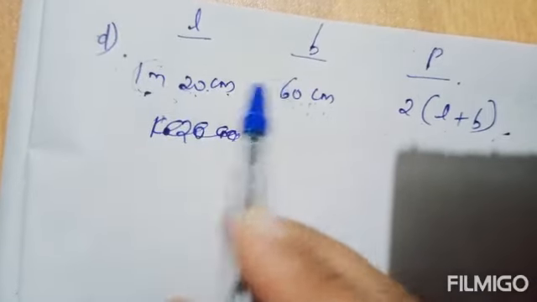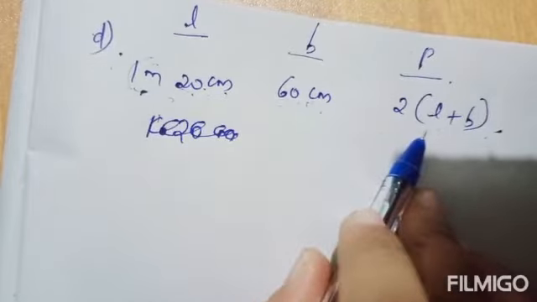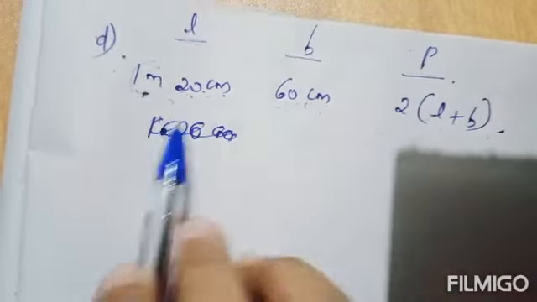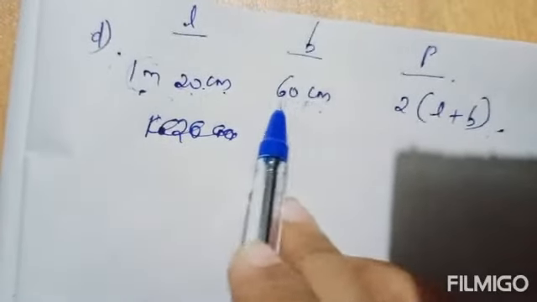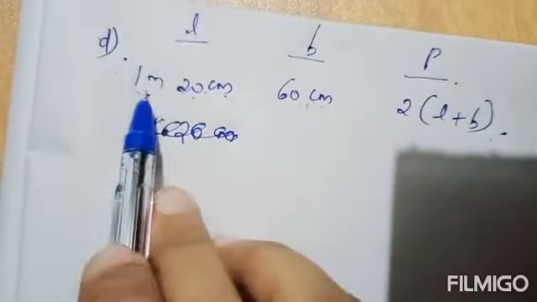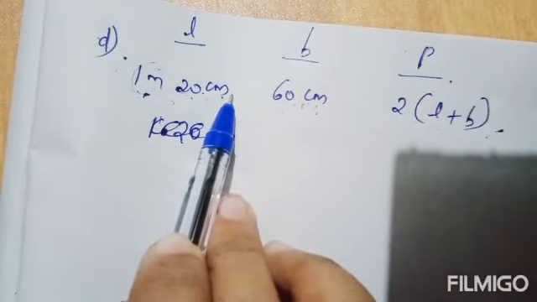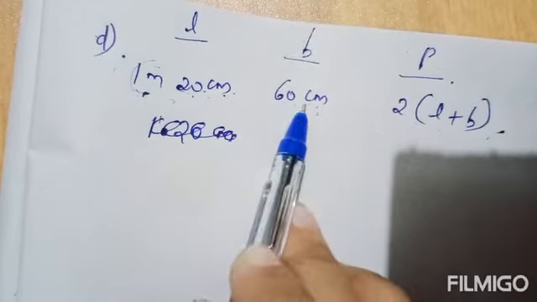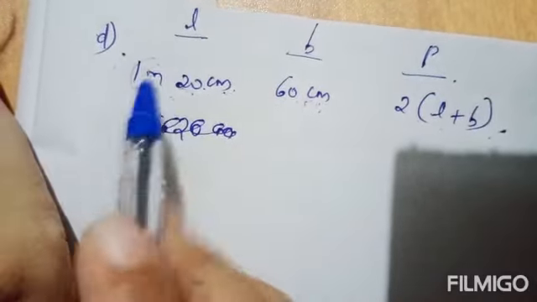So you have to make the unit same. In order to find the perimeter, you have to make the unit of length and breadth the same. So here, since breadth is in centimeter, you can convert this length also in centimeter.